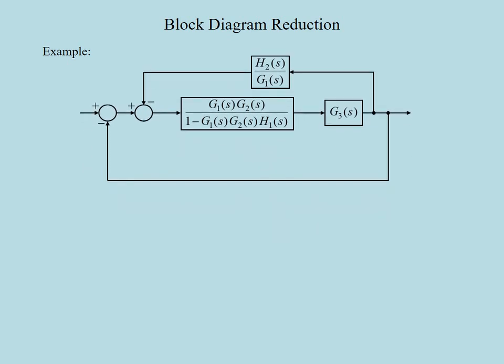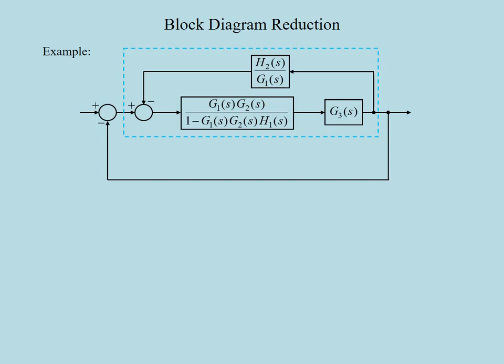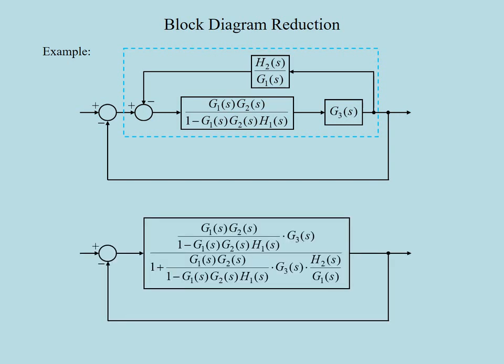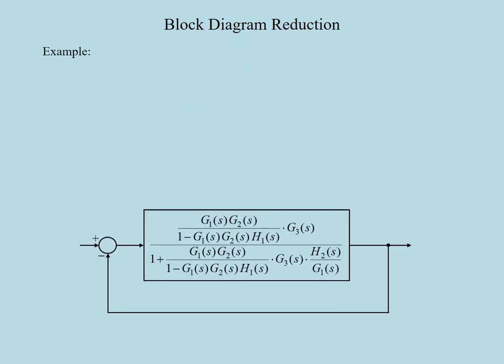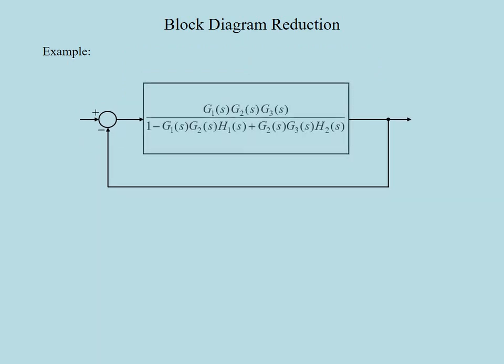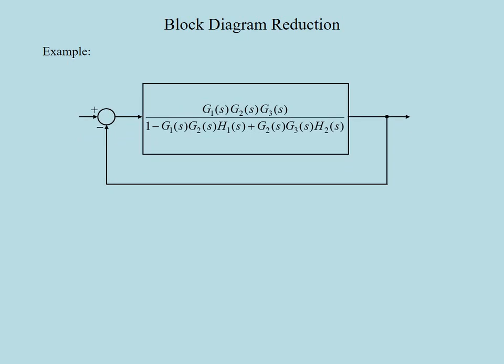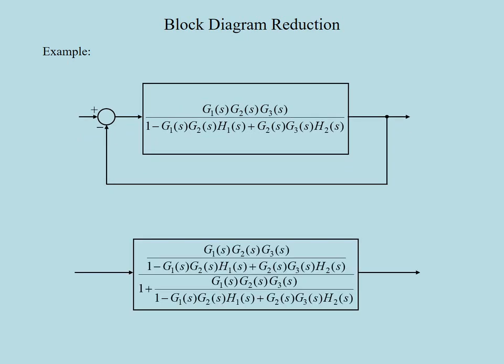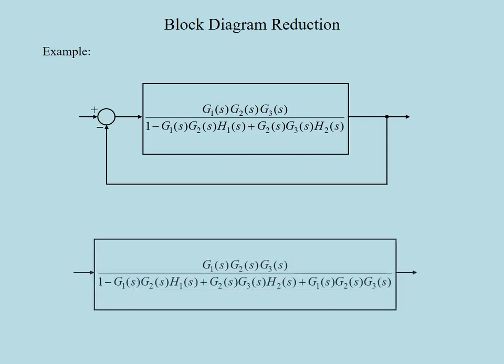Again, considering the inner negative feedback loop, we can reduce it to a single block and simplify it so that we now have a unity feedback closed-loop system, which in turn can also be represented as a single block and simplified as in the lower block diagram.